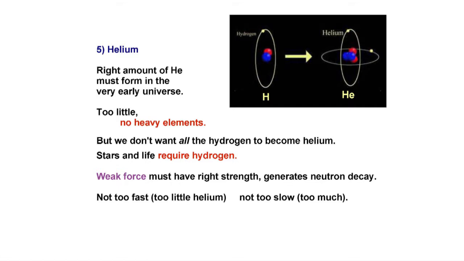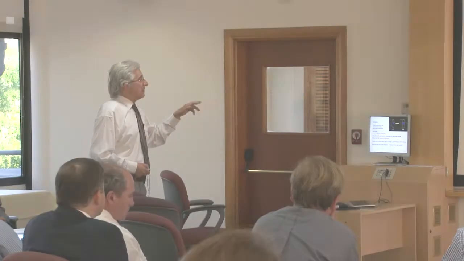This is details of atomic physics, which I'm not going to try to explain, but this means that the weak force must be sufficiently strong so that you have enough. Well, this is actually deuterium, not ordinary hydrogen. So that is what forms the helium, and this deuterium, I should have called this D for deuterium rather than H for hydrogen. And if it decays before it can form helium, it's tough, but it's got to be just right.